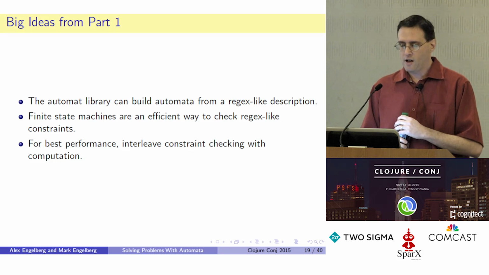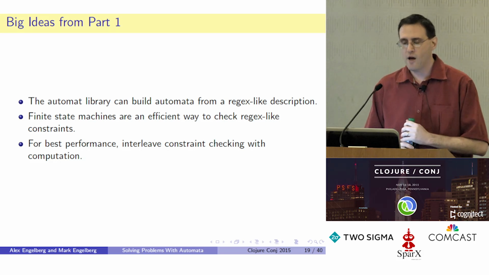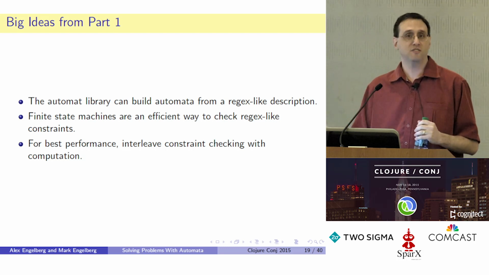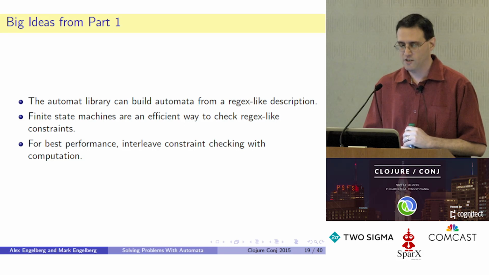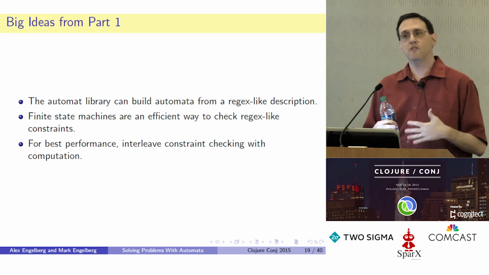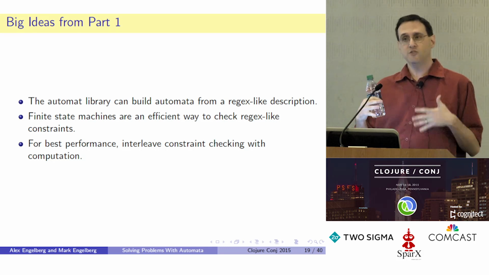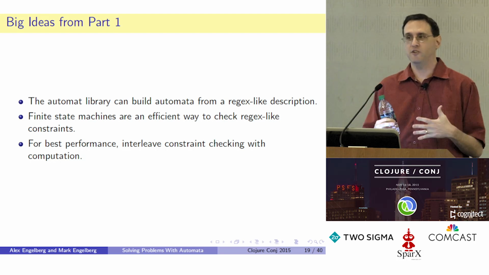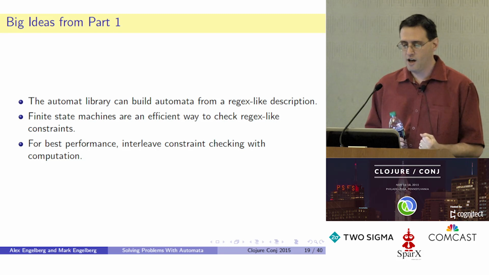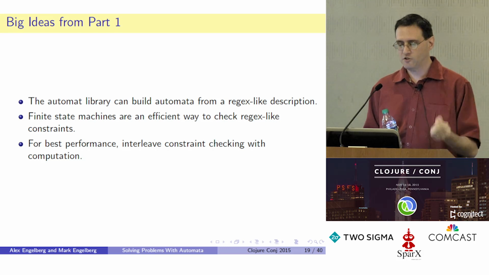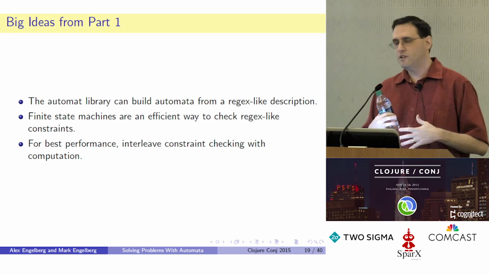And the other big idea here is that pretty much any time you see something that looks like a regex, you should be thinking of finite state machines. And for best performance, as we saw in this particular problem, you ideally want to interleave that process of constraint checking with your computation.